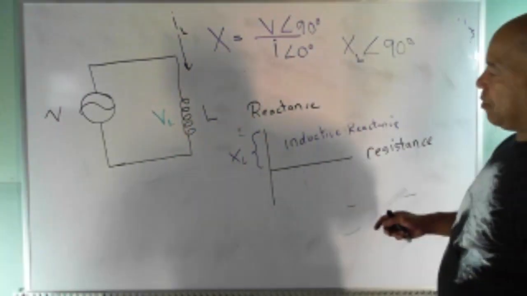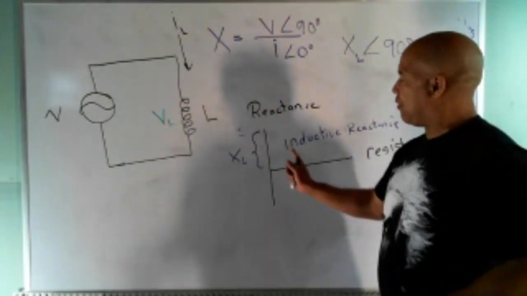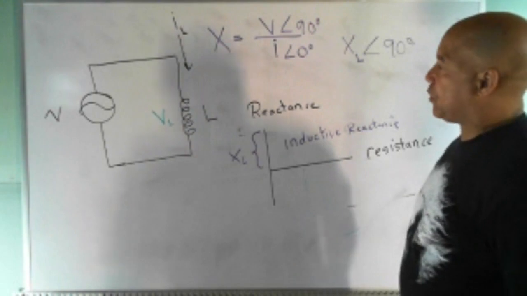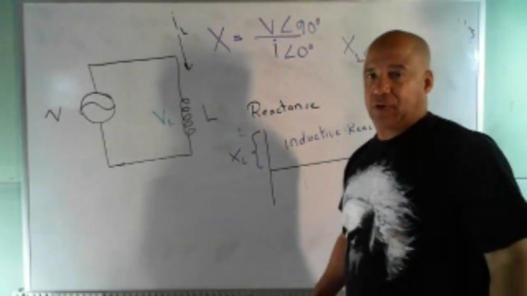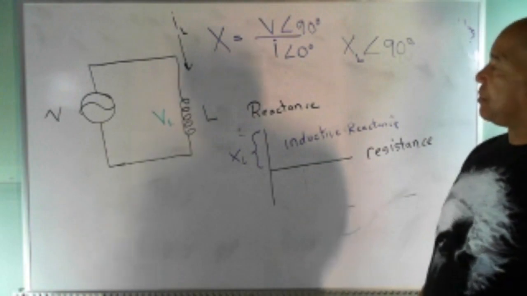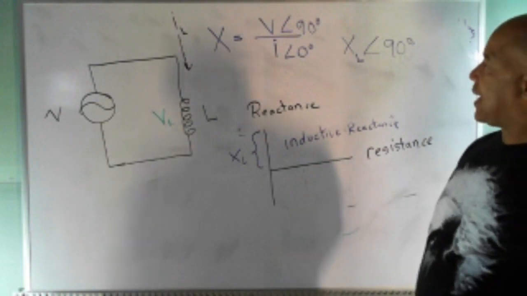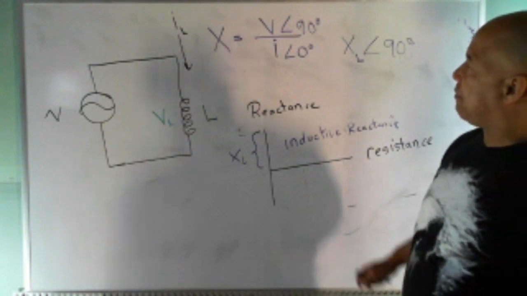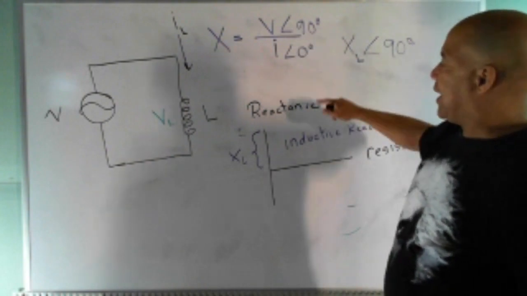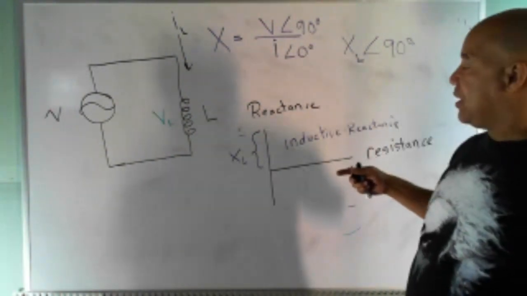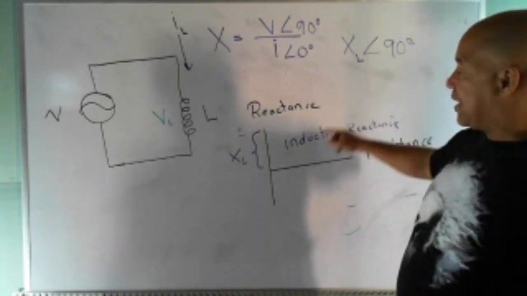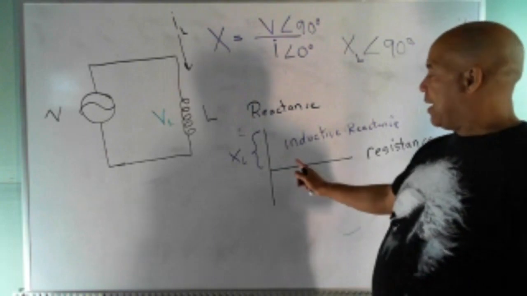And I tried to show you where that angle of 90 degrees came from, going through that math I went through with the graphs. And you may have to go back and review the video and listen to it a couple times. So that's what happens if I take V at an angle of 90, I at an angle of 0. I get an opposition that we're calling reactance, in this case inductive reactance. It has a phase of 90, so I can't put it down here. I got to put those ohms right here.